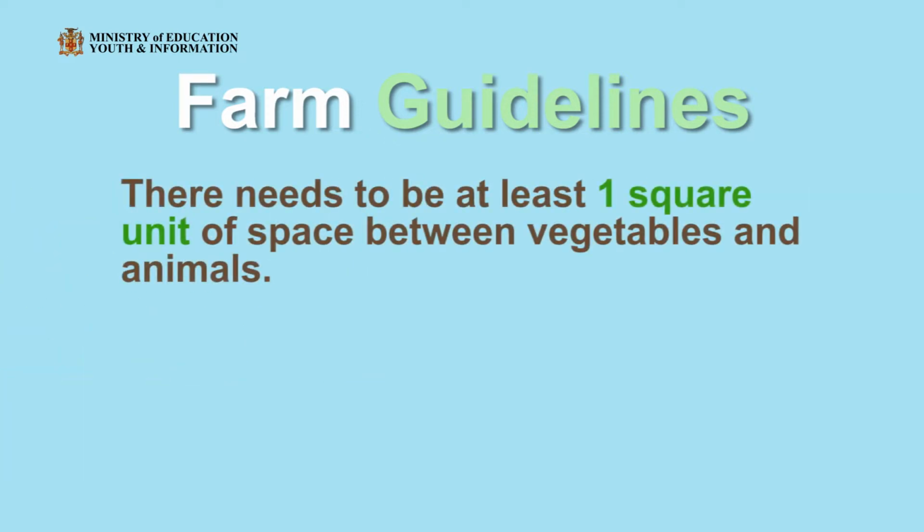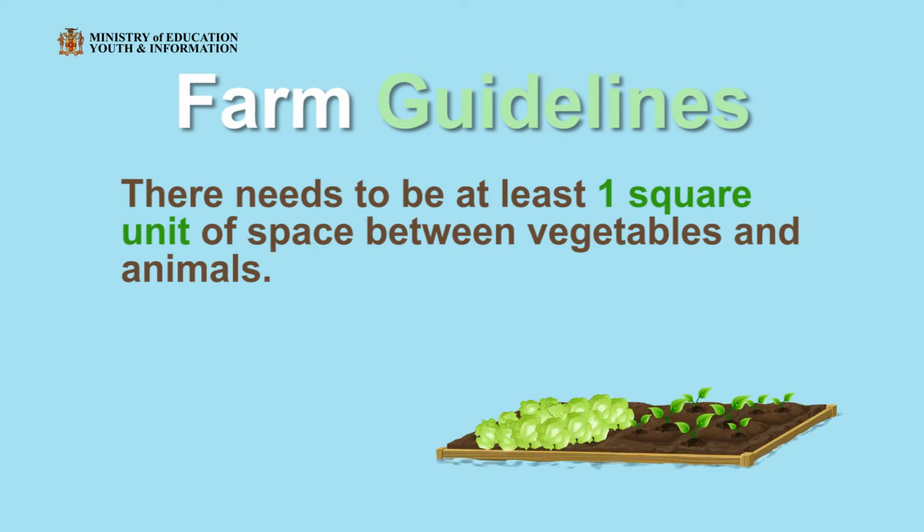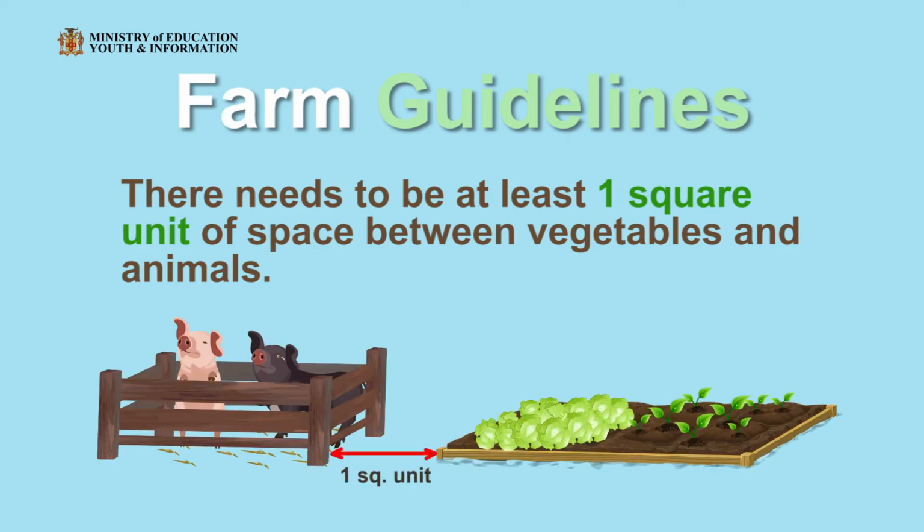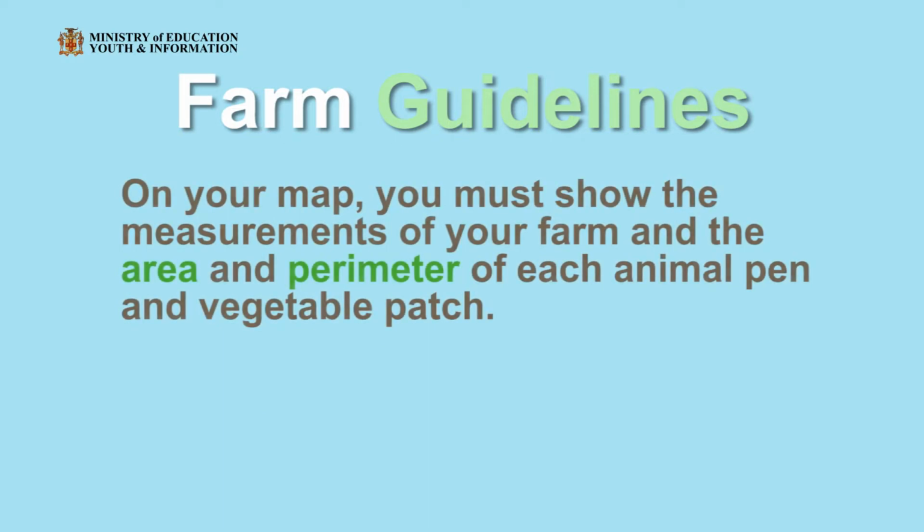There needs to be at least 1 square unit of space between vegetables and animals, like this one. On your map, you must show the measurements of your farm and the area and the perimeter of each animal pen and vegetable patch.